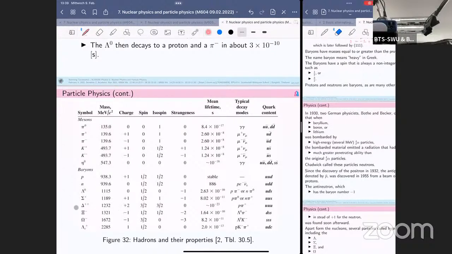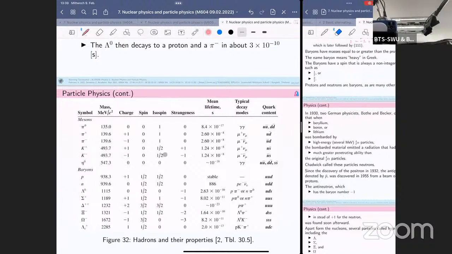And charge, only delta plus has double the charge, for almost everything. The charge for only pion 0 and eta 0 will be 0, and the pion plus will have +1 charge, pion minus would have -1 charge, and the K plus meson will have +1 charge, -1 charge for the K minus meson.